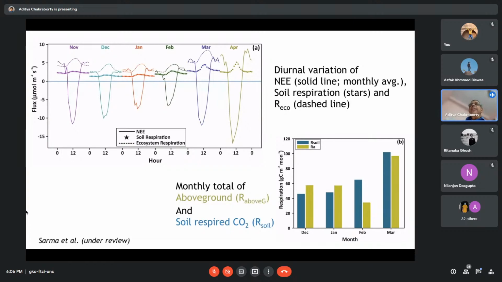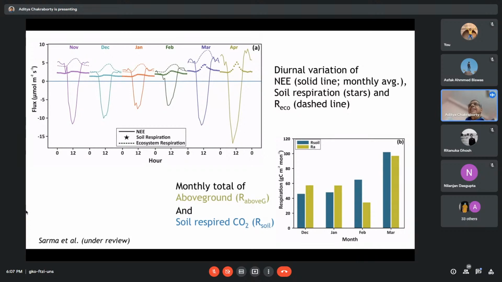When this organic matter is dumped, it eventually gets decomposed. This organic matter probably comes from outside the Kaziranga system, but it is dumped there, and because of bacterial decay it emits a huge amount of carbon dioxide. So this is one of the reasons why soil respiration is higher in Kaziranga.